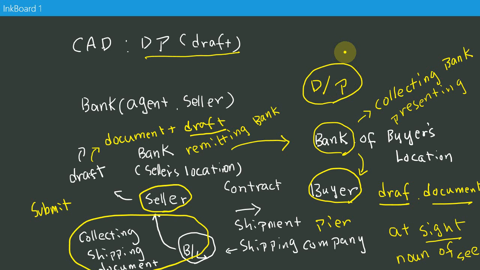Under documents against payment, the buyer pays immediately after he sees the document at sight. So we call this one as sight. So this is the due process of documents against payment.